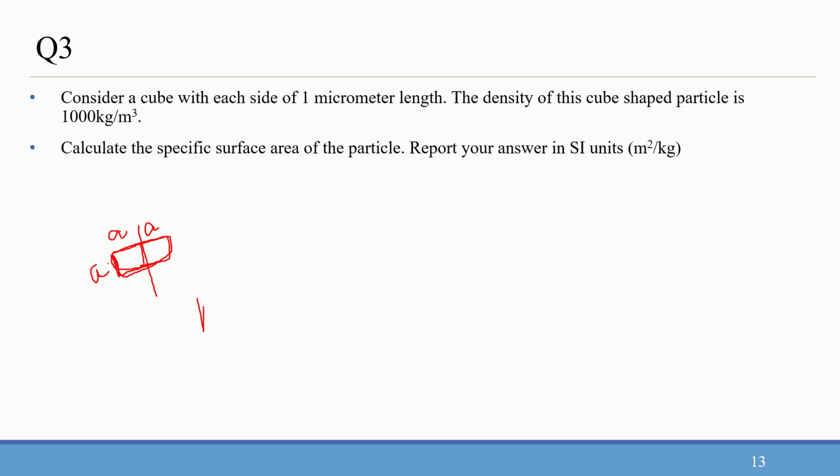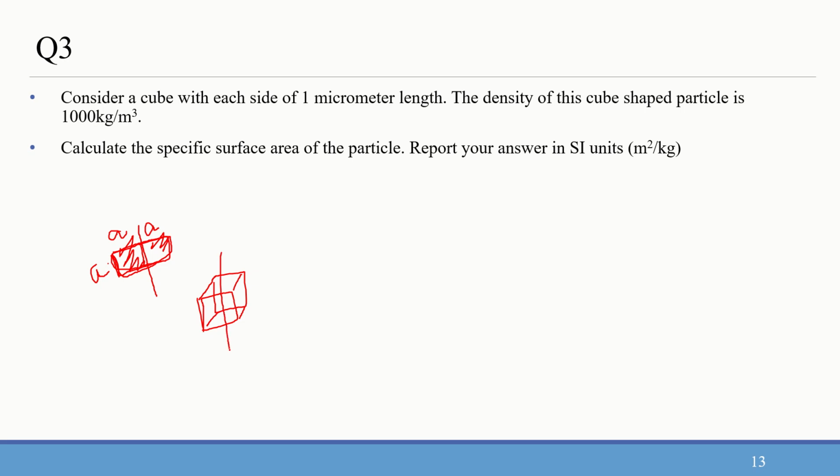Okay, now this. Here what happens is that this is only 2 dimension, we can't say, because the area that we are seeing is the same.